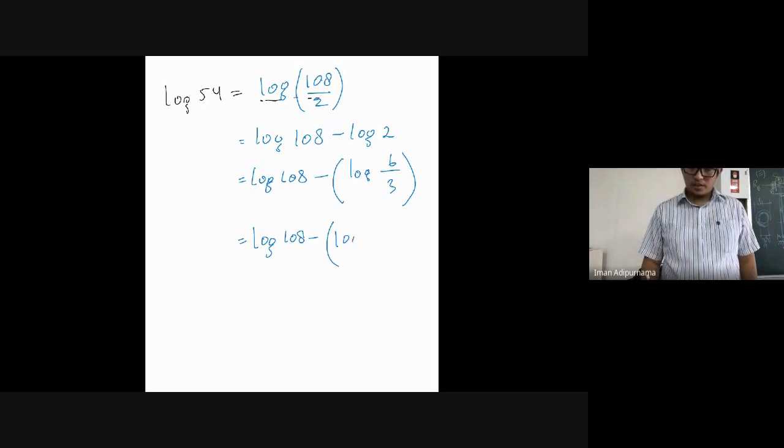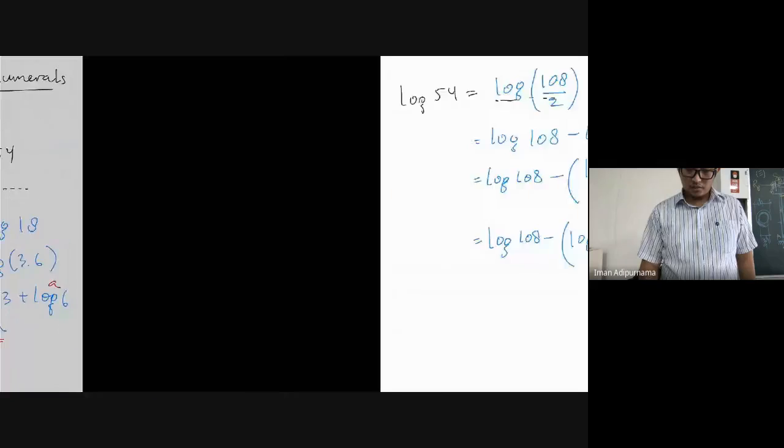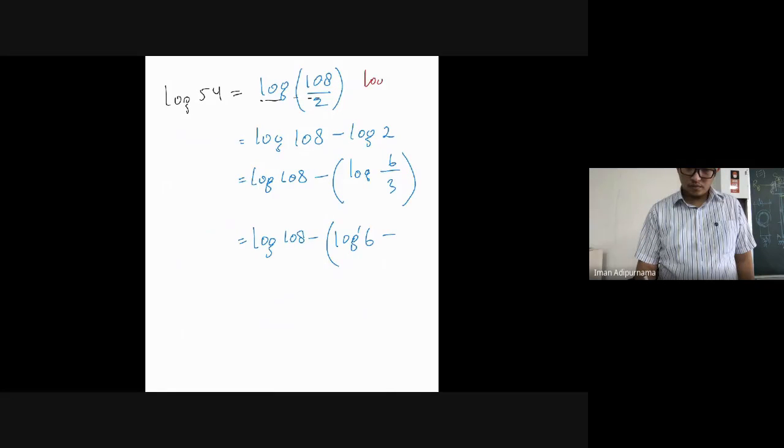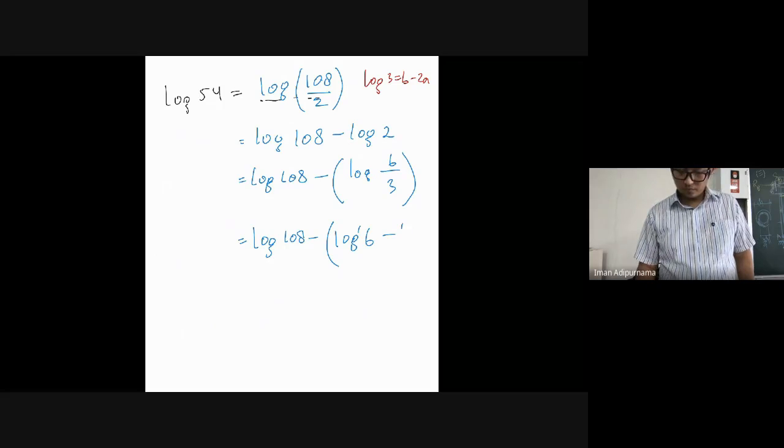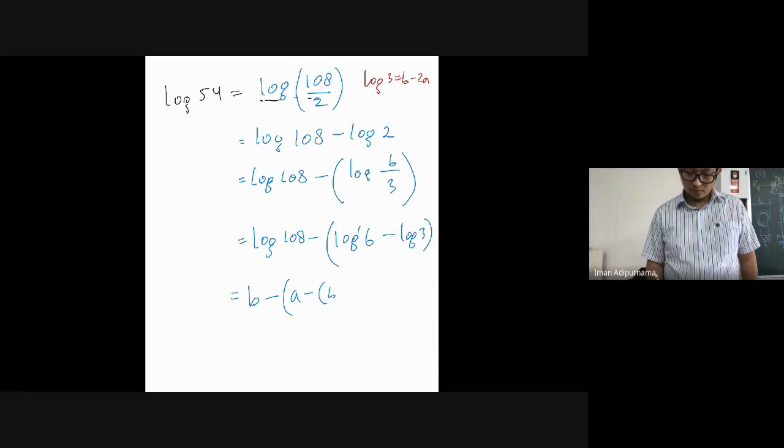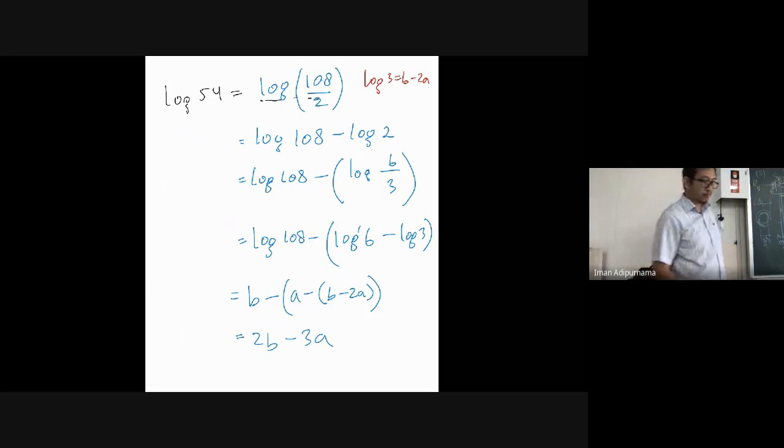So log 6 minus log 3. Log 3 is B minus 2A. Let me write this.